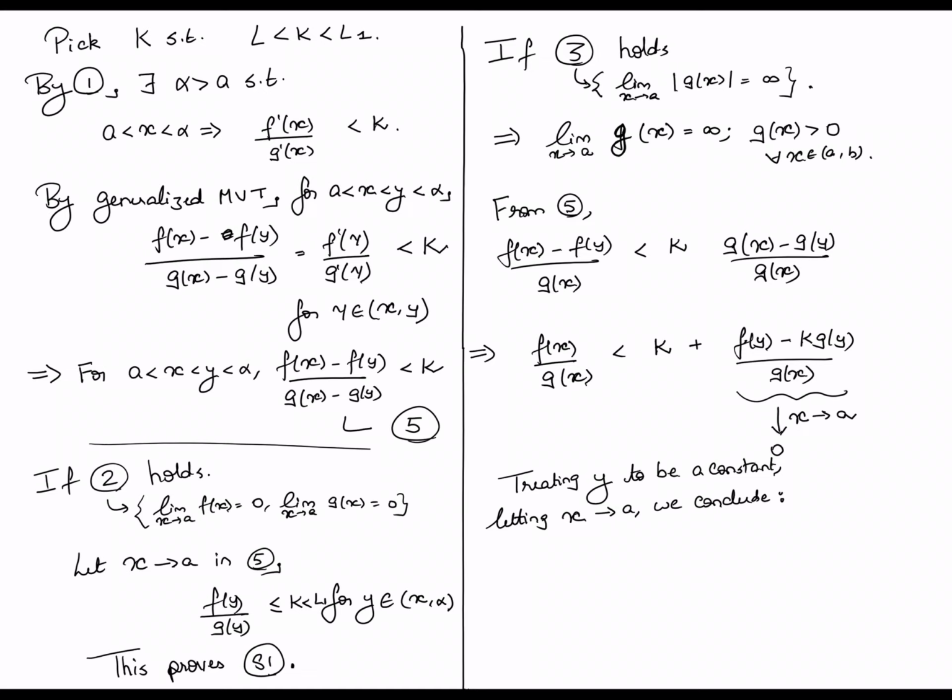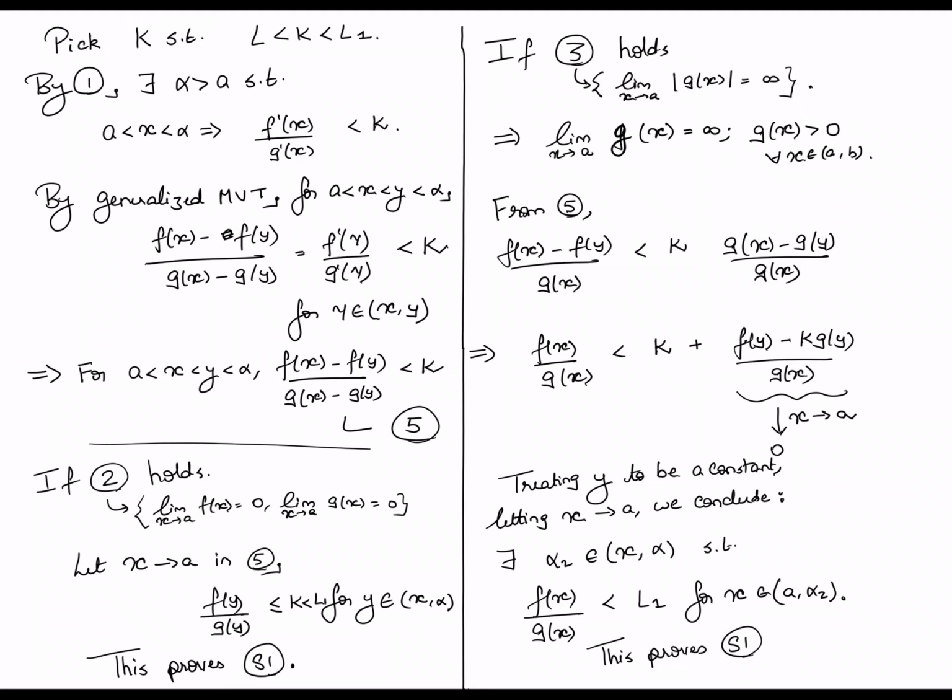So therefore we can now conclude that there exists an alpha 2 which lies between a and alpha, such that f of x by g of x is in fact less than L1 for x in the interval from a to alpha 2, which is exactly what we wanted to prove. So this proves S1. And that in turn completes the proof of the statement.